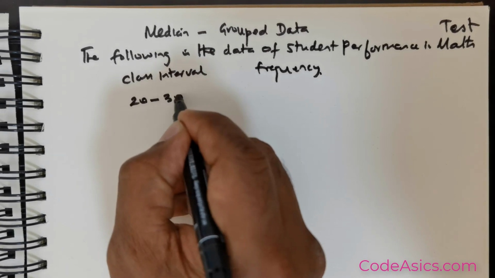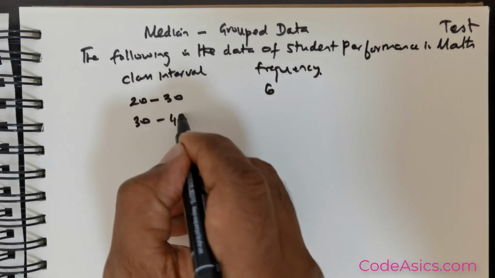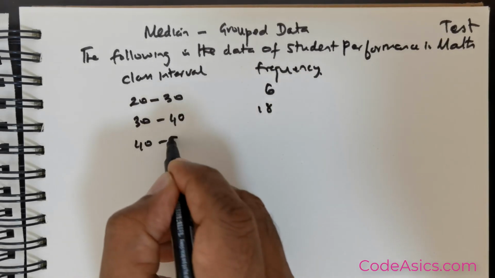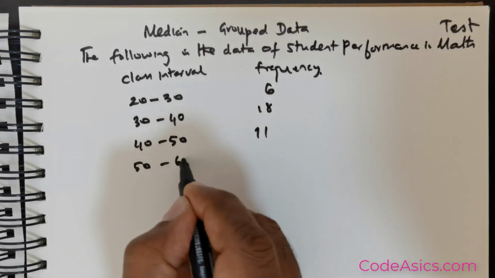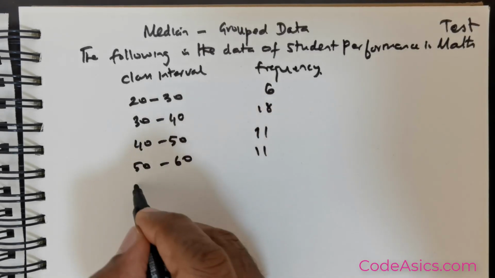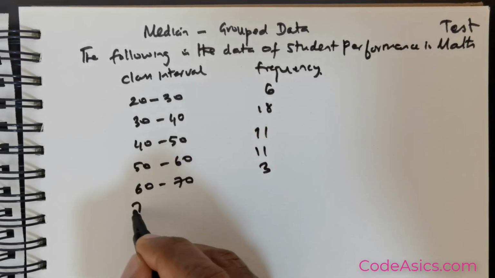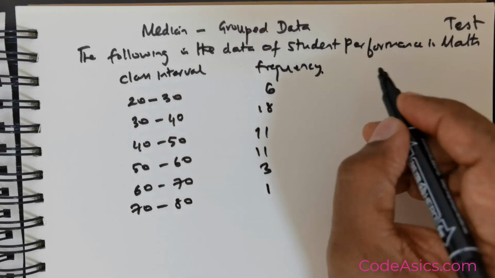So between 20 to 30 we have got 6 students. Between 30 to 40 we have 18 students. Between 40 to 50 we have got 11 students. Between 50 to 60 we have got 11 students. Between 60 to 70 we have got 3 students, and 70 to 80, 1 student has scored. So this is the frequency.